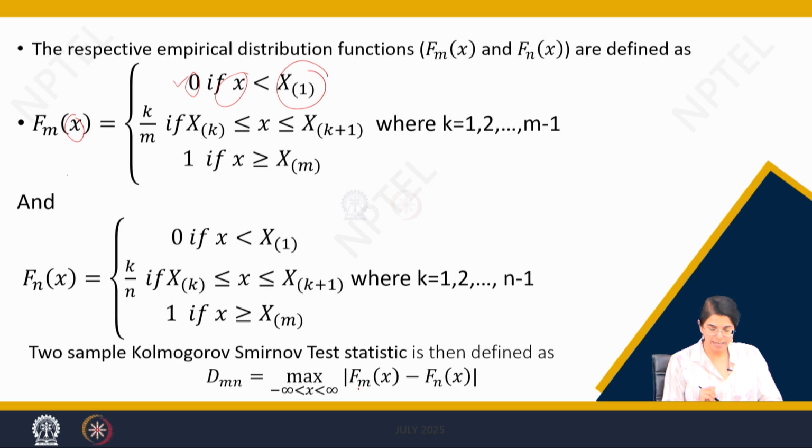One more thing I would like to say here: mistakenly I have written less than or equal to. This will be just less than. Similarly here, less than. How many observations are less than the kth order observation? That is k out of the total number of observations. So no need of including the equal to. It will be just less than.